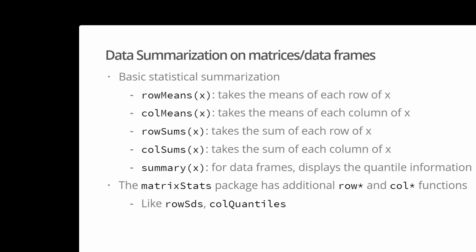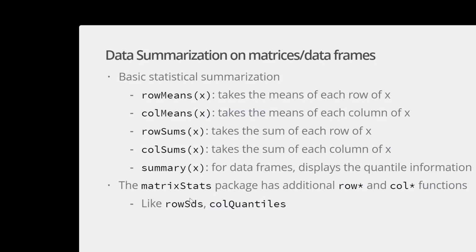A useful function overall is the summary function, which tries to display quantile information for numeric variables or just sort of string information for categorical variables. And I'll show an example in a second. And if you do a lot of stuff with matrices, especially big matrices, there's this matrixStats package that does a lot of more flexible, very fast operations on matrices or summarizations on matrices, like row SDs or column quantiles or things like that. Although we don't use a lot of matrices in this class.